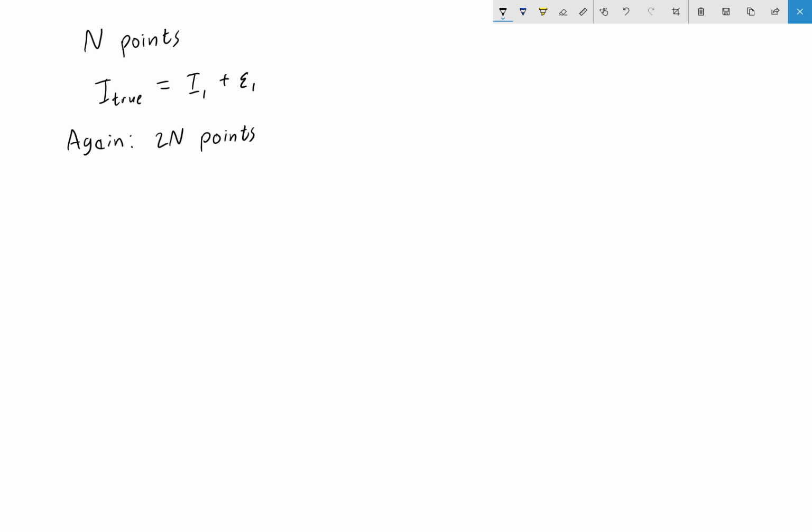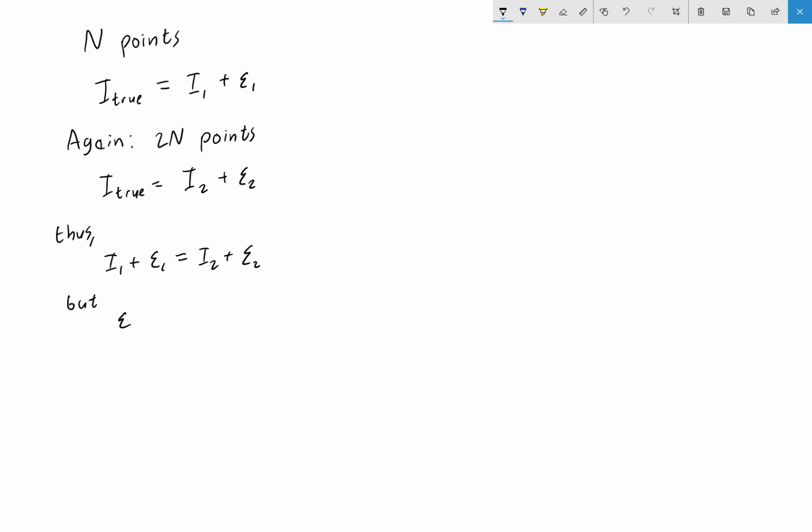So we should get something more accurate, still not exactly I true, unless by some coincidence. We get a different value I2 and a different error E2. Since we used more points, we should be more accurate. Not only that, but I true is the same in both cases, so it must be that I1 plus E1 is equal to I2 plus E2, and E2 is more accurate than E1.